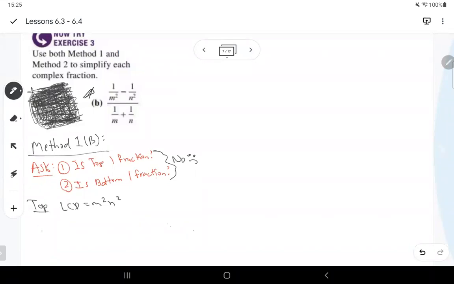Okay, so for this first one, I'm just going to write it so you guys can all understand it. And then we'll get rid of what is common.